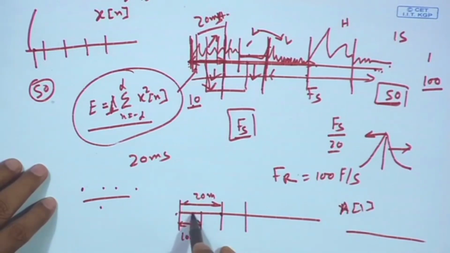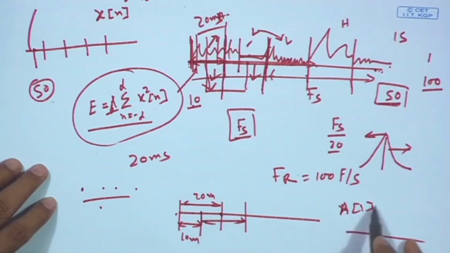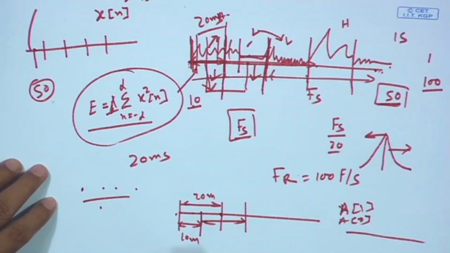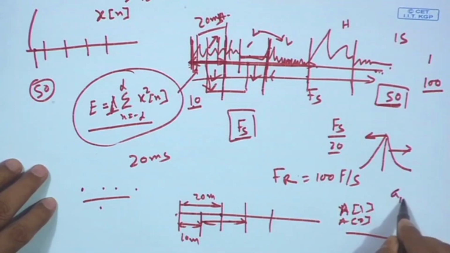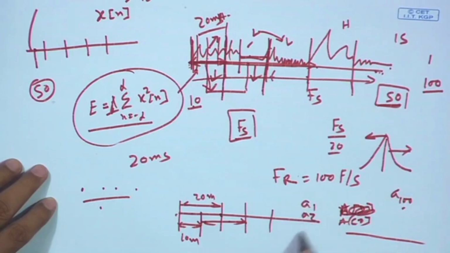Then I shift the window by 10 millisecond and again take 20 millisecond, and I find A2 vector. Then I again shift by 10 millisecond and take 20 millisecond, A3. So, in that case I will get A100. So, if I write it this way, I will get A1, A2, up to A100 data.